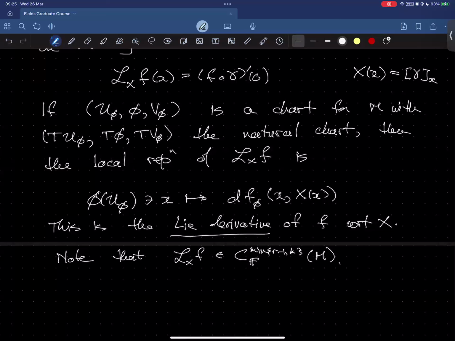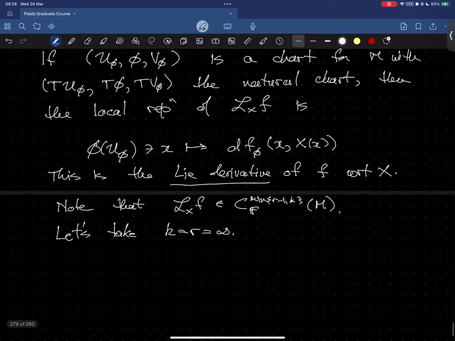Usually one doesn't fuss with regularity, and I'm going to stop doing that now. So let's take k equals r equals infinity. Everything is infinitely differentiable, and that just makes less bookkeeping. You don't lose anything conceptually by doing that.